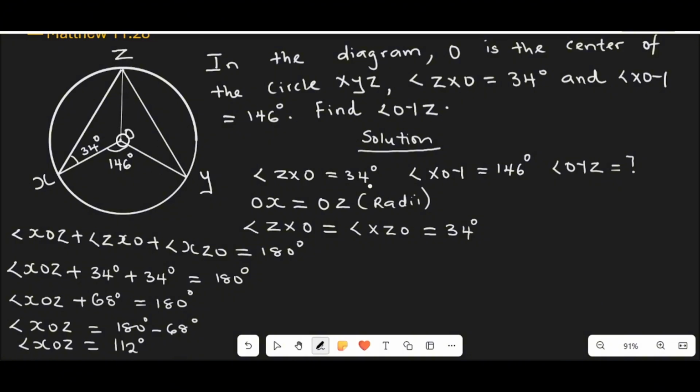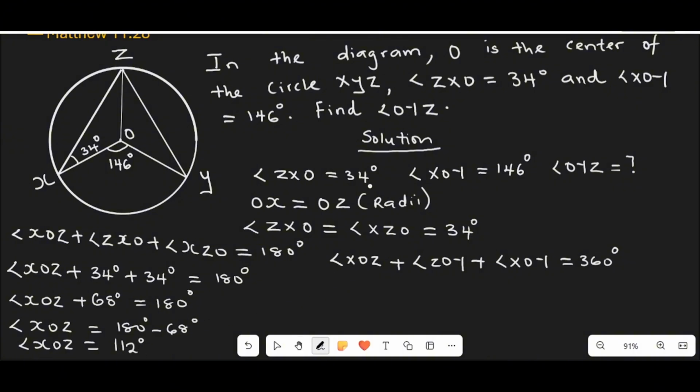Let us find angle ZOY, and the algebraic sum of angles around a point is equal to 360 degree. That means we can say angle XOZ plus angle ZOY plus angle XOY equal to 360 degree, and our angle XOZ is 112 degree.